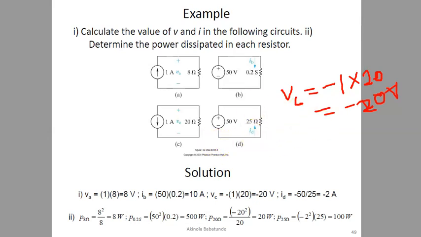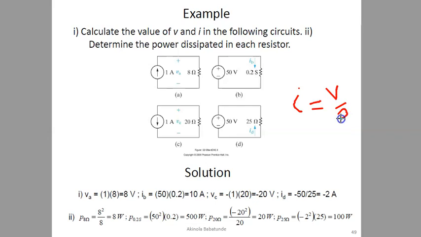Also, for the fourth circuit, the D circuit, you will find out that our V is going up here, down this way. So instead of current flowing from positive to negative, also our V is flowing in the opposite direction. So what we are looking for here will be ID. Our ID will be equal to V over R. We know that's the expression for current.